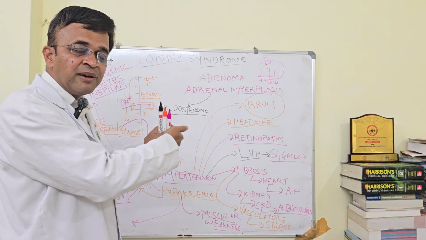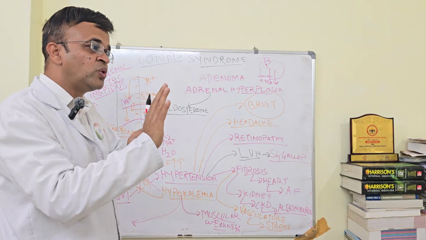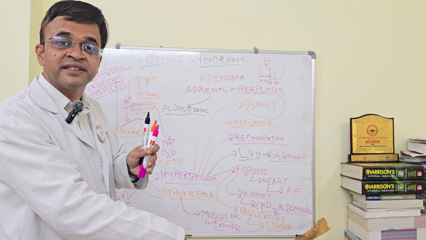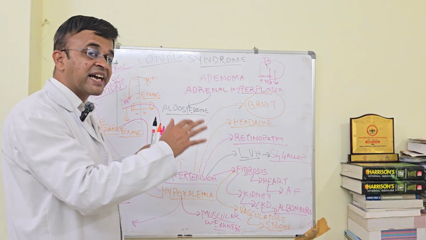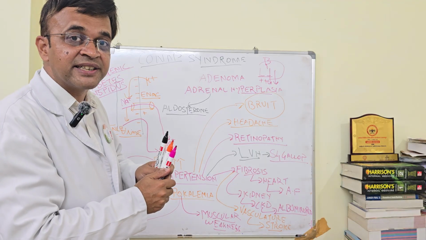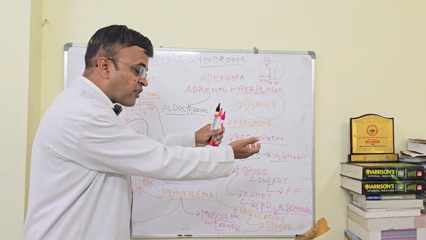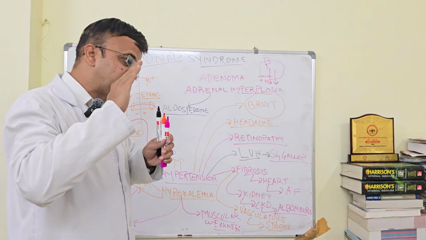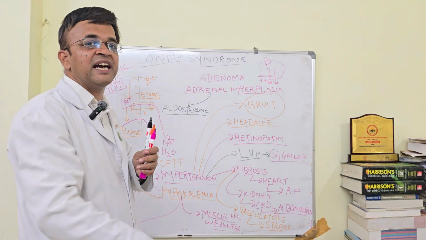But in the process of reabsorbing this potassium, it has to excrete out H plus ion, via the intercalated cells. Your aldosterone also directly stimulates the intercalated cells. So it will try to reabsorb potassium, but in exchange, it has to excrete out H plus ion.